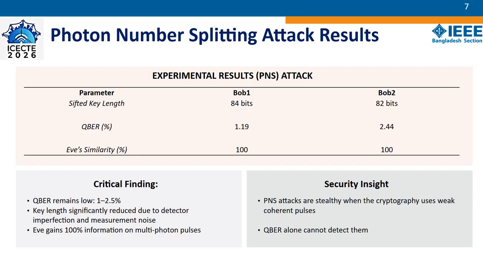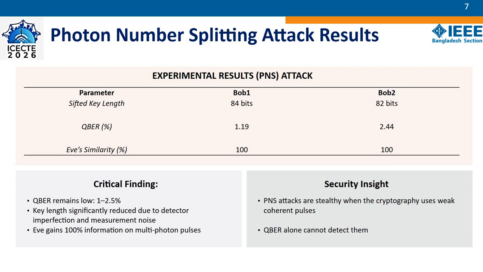They mostly depend on multiphoton weak pulses. Eve takes advantage of multiphoton pulses. She keeps one of the photons and lets the rest go to Bob without causing any noticeable error. This attack was possible to show through the Qiskit simulator because we introduced weak photon source and error rate.